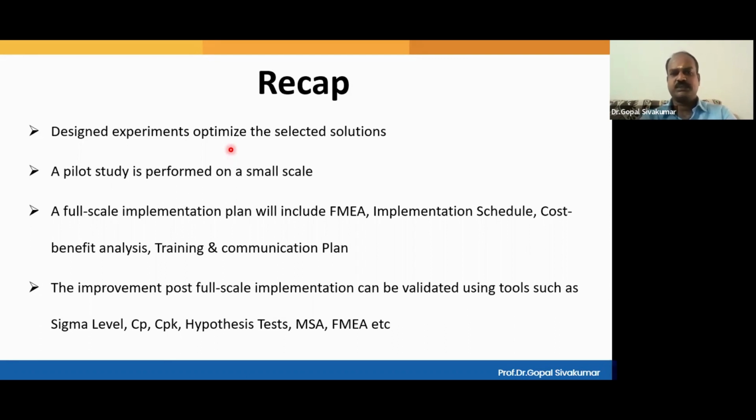A pilot study is performed on a small scale. A full-scale implementation plan will include FMEA, implementation schedule, cost-benefit analysis, training, and the communication plan. The improvement post full-scale implementation can be validated using tools such as sigma level, Cp/Cpk, hypothesis testing, MSA, FMEA, and so on, right?